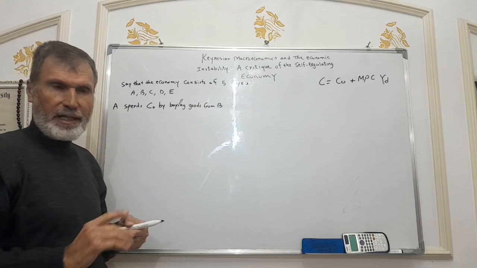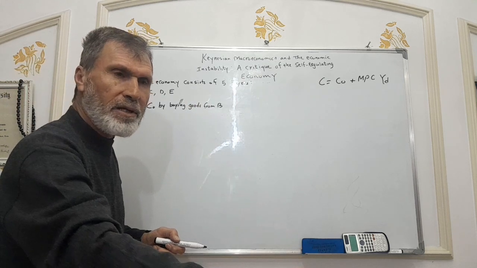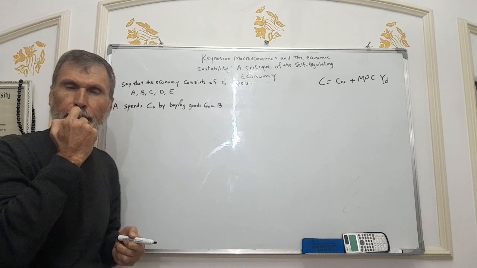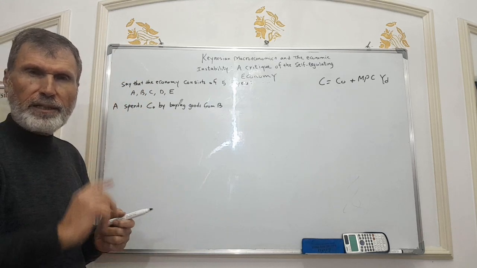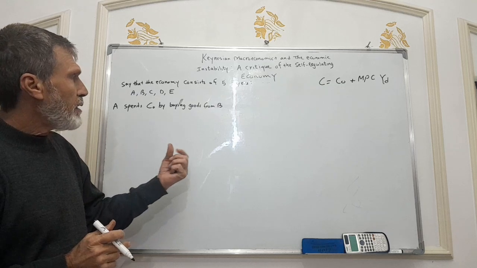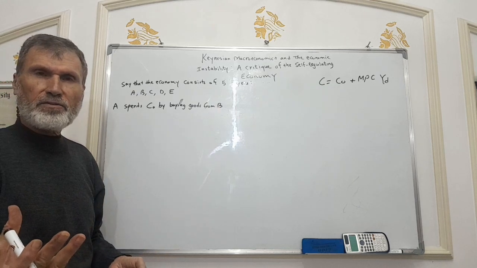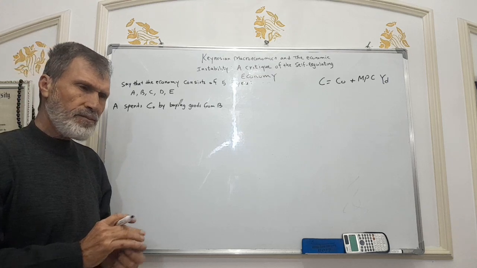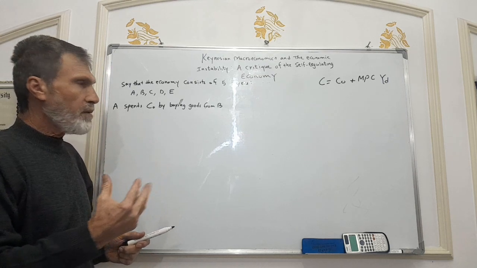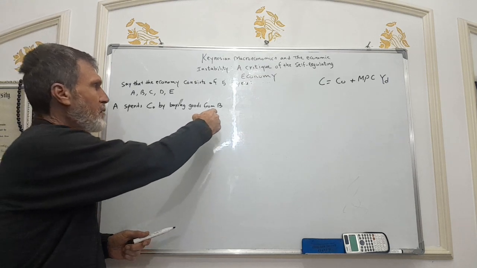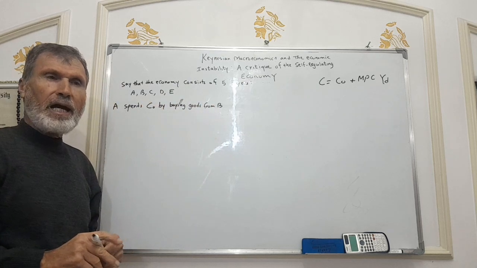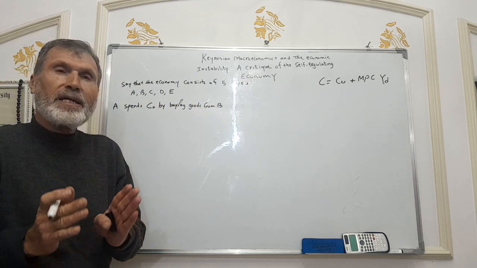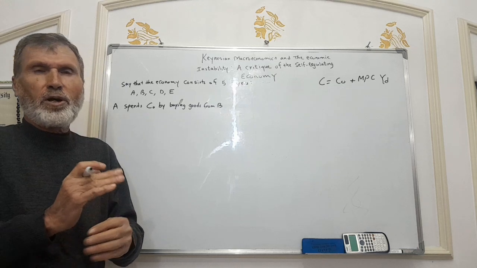Okay? He pays money by the amount of C0, autonomous consumption. So B will receive that amount of money, C0. Now, according to Keynes, C0 becomes a new income to B. B will spend some portion of C0.